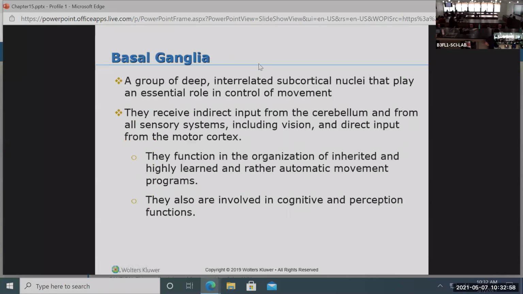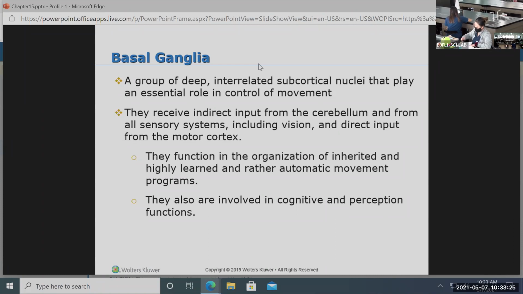Now the basal ganglia. These are a group of deep interrelated subcortical nuclei. If you folks remember, on the outer surface of the cerebrum, the cerebral cortex, we have gray matter.